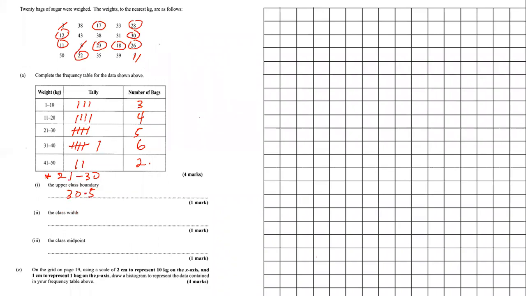Now, I want you to tell me the class width for this class. How do I find the class width? Anybody remember how to find the class width? The upper class boundary minus the lower class boundary.